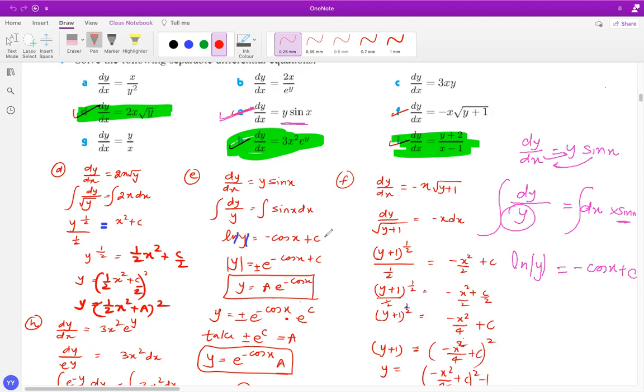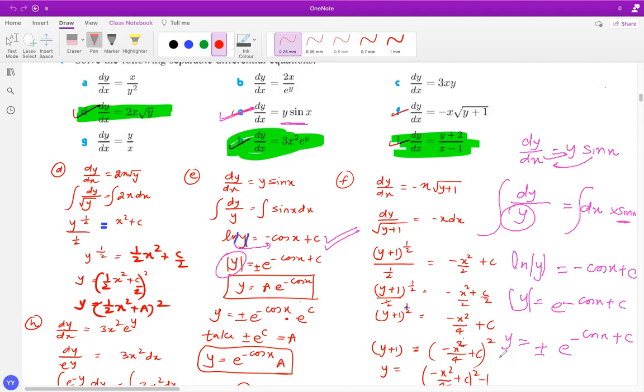Now if you want to make y the subject, the absolute value of y will be e to the power negative cos x plus c. If I remove this absolute value, you get plus or minus e to the power negative cos x plus c.